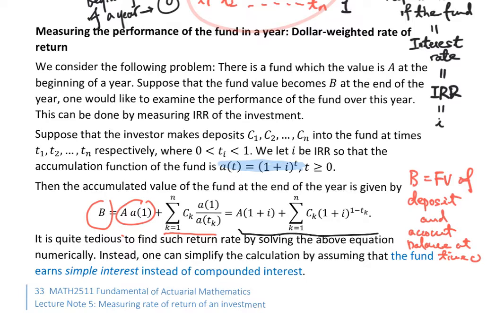Now, let's suppose you know the account balance at the beginning of the investment year, the end of the investment year, and also the deposits. Then you can try to solve this equation for I. But given that this equation is non-linear, the best that we can do is to solve it using Newton's method and get an approximate answer.